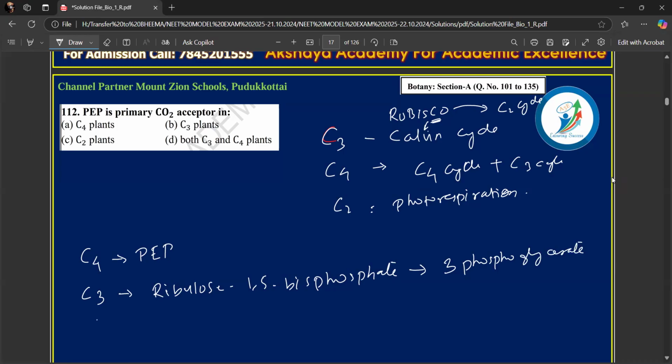And there is no C2 plant. The term C2 plant is not correct, but the C2 cycle is there, which is photorespiration. So here carbon dioxide is not accepted, but is released out. So your right answer will be option A.